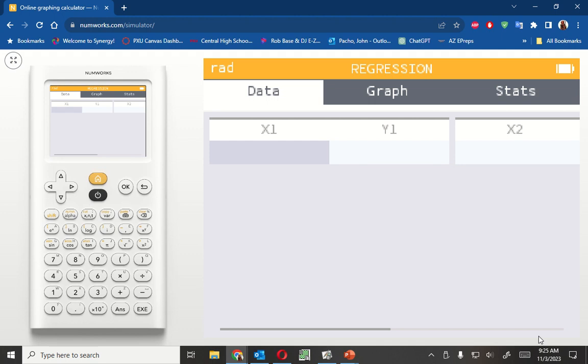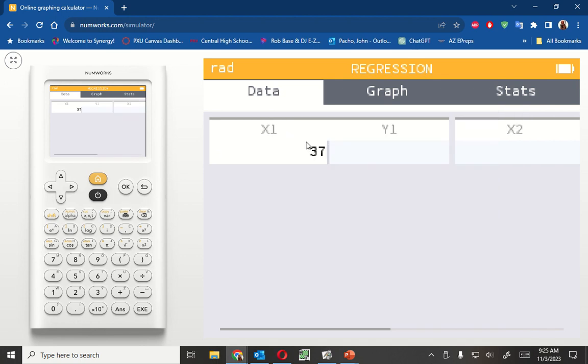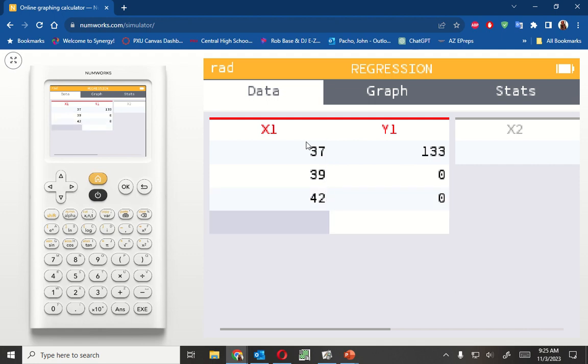So x is 37. Oh, I can go straight down. 42. Just hit OK. You can go all the way straight down just by hitting enter.